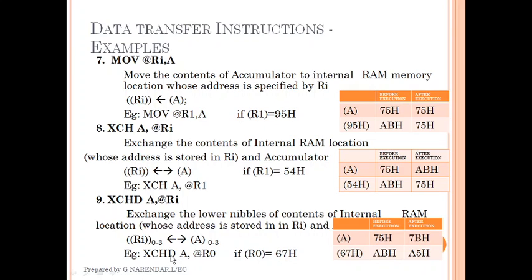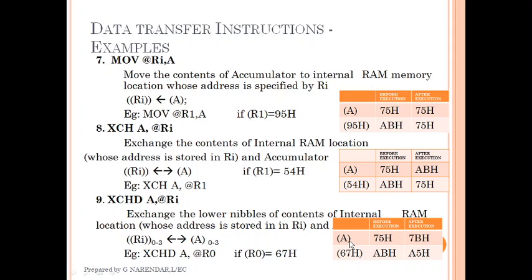So if we take an example, XCHD A, @R0, that means exchange the lower nibbles of the accumulator and the memory location whose address is specified by R0. Assume that R0 has 67H, that means 67H is the address of a particular memory location whose data byte must be exchanged with the accumulator.